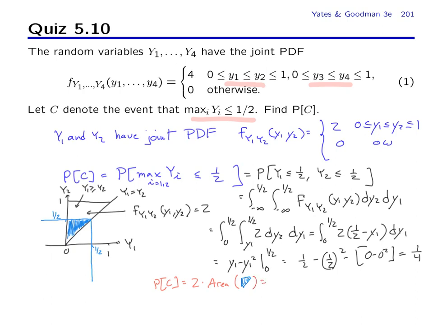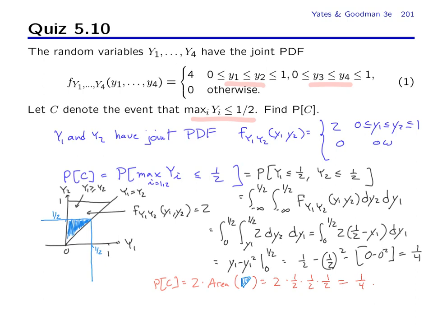And so this is 2 times 1/2 the base times the height, and the base is width 1/2, and the height is 1/2. And so this is 2 divided by 8, and we get 1/4.